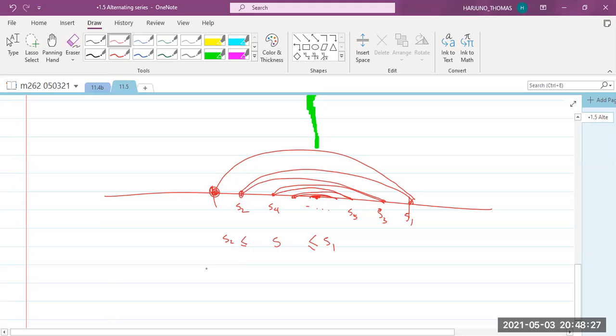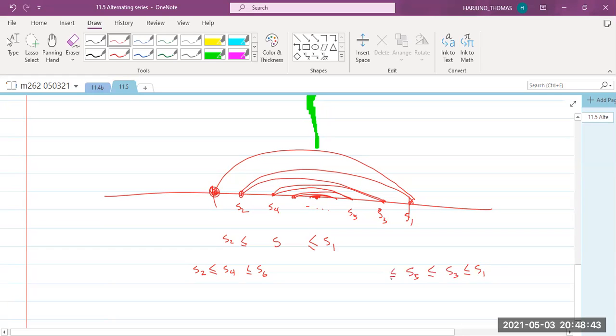Later on, S2 is the lower bound for S4, which is a lower bound for S6, while S1 is the upper bound for S3, which is the upper bound for S5.